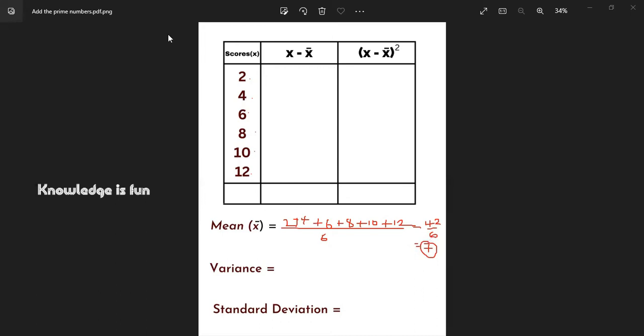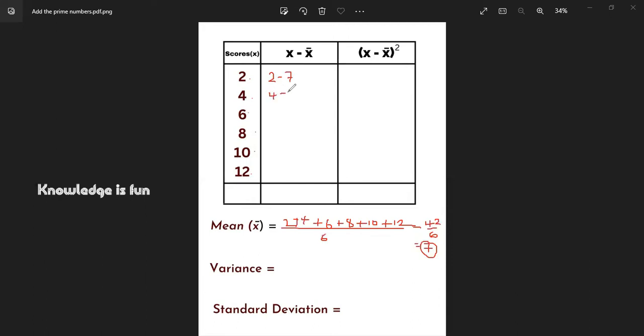Now, what are we going to do? To find the variance, we are going to subtract the mean that we have obtained from each score. So we are going to have 2 minus 7, 4 minus 7.